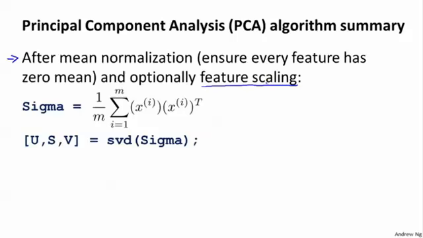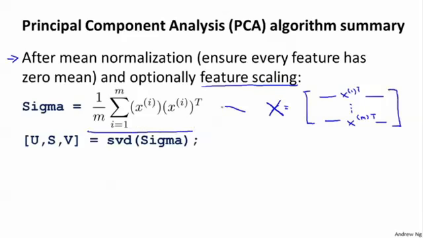And by the way, if you have your data given in rows, if you have a matrix capital X, which is your entire training set written in rows, x1 transpose down to xm transpose, this covariance matrix sigma actually has a nice vectorized implementation that you can implement in Octave.